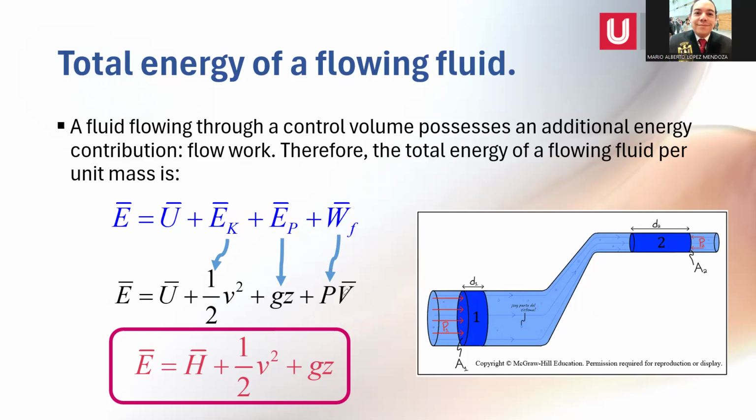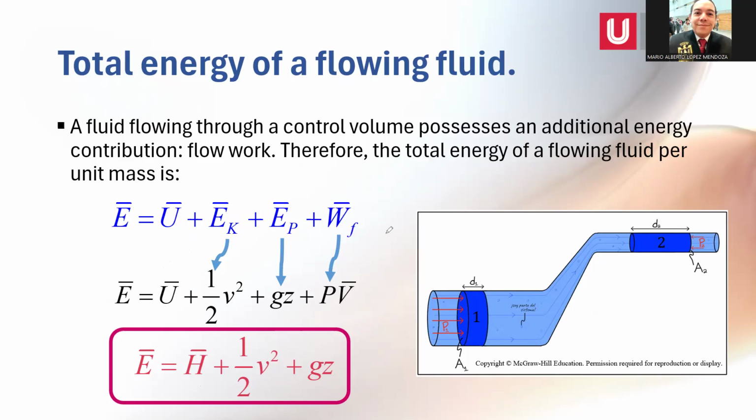Remember that kinetic energy, as a specific unit, is just half of the square velocity, and potential energy is just the product of the acceleration of gravity and the position inside the reference system.